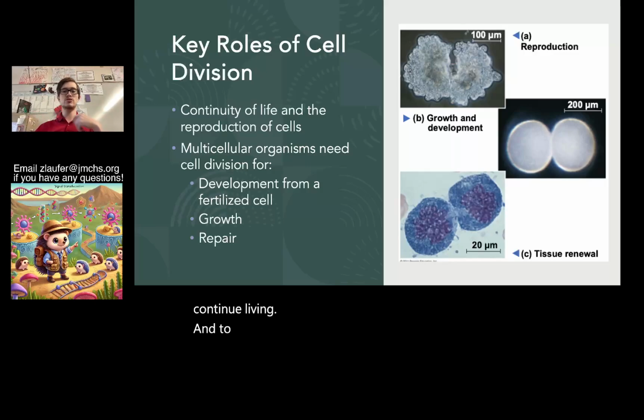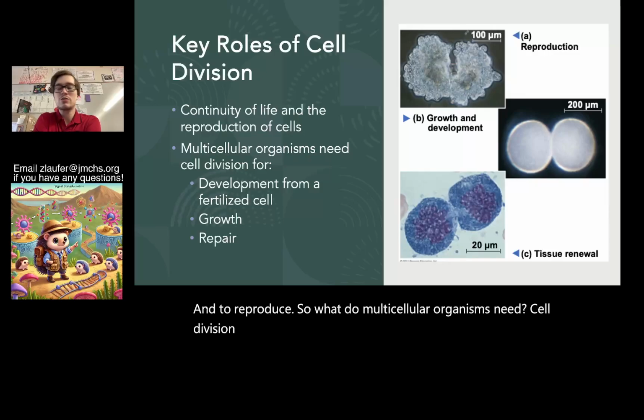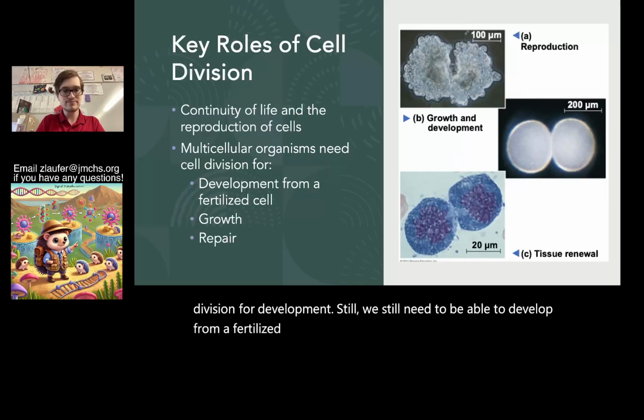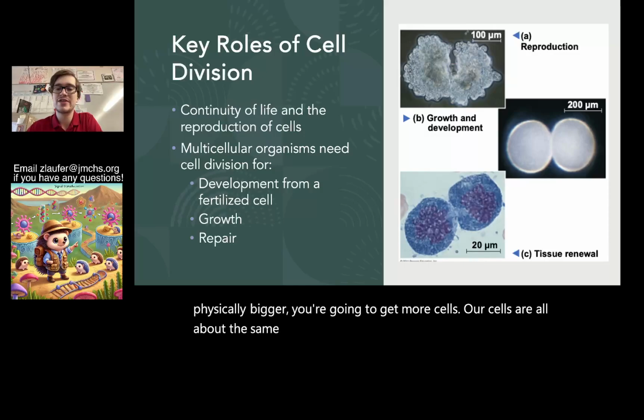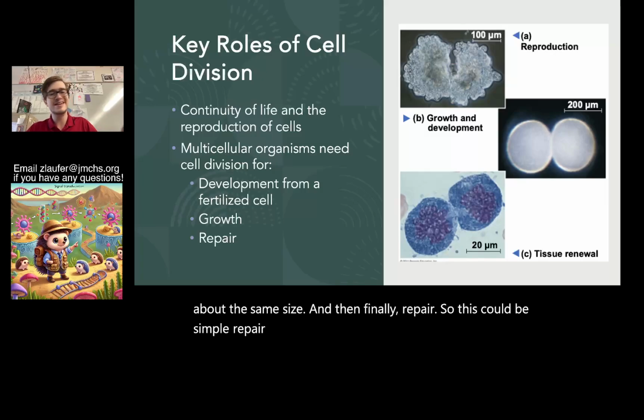So what do multicellular organisms need cell division for? Well, development still. We still need to be able to develop from a fertilized egg. We also need to grow. When you get physically bigger, you're going to get more cells. Our cells are all about the same size. And then finally, repair. So this could be simple repair from making new skin cells because your other ones are getting worn out.